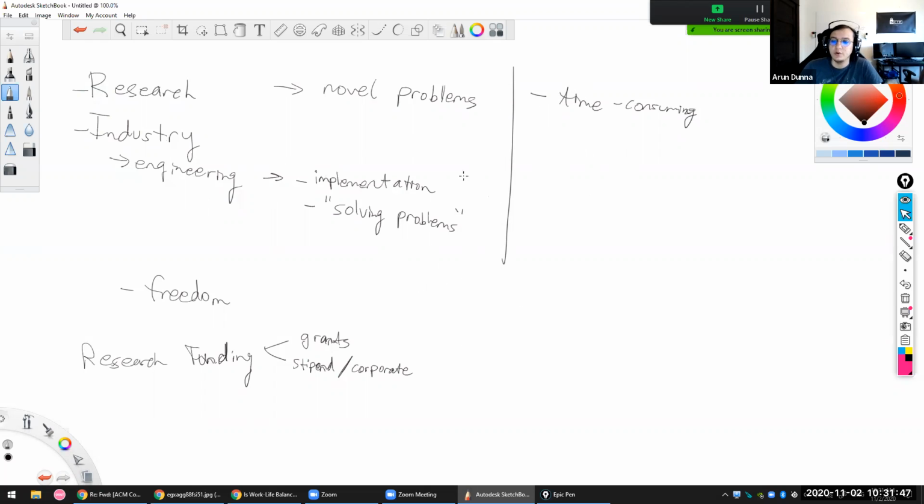Okay, so for some more examples of this research versus engineering front, I think that a good example of where you can actually strike a balance is in the systems and in machine learning areas.